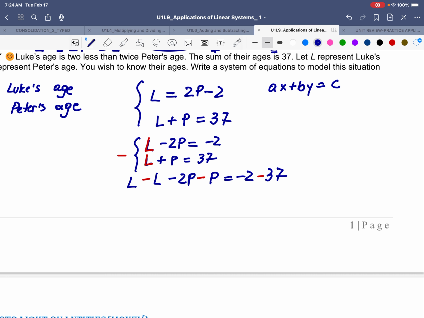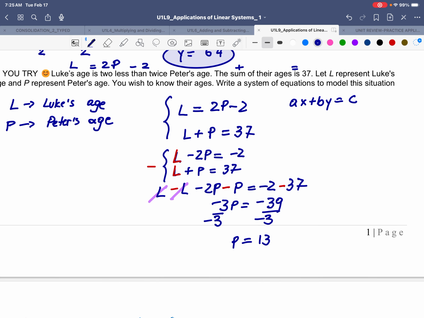So L minus L is no more L. Negative 2P minus P is negative 3P equals negative 39. So isolate P by dividing by negative 3, and we get P equal to 13.